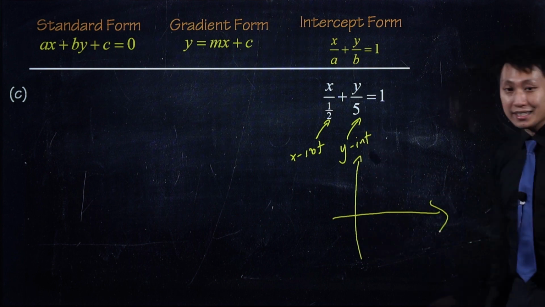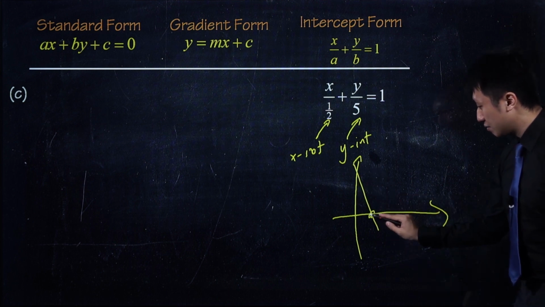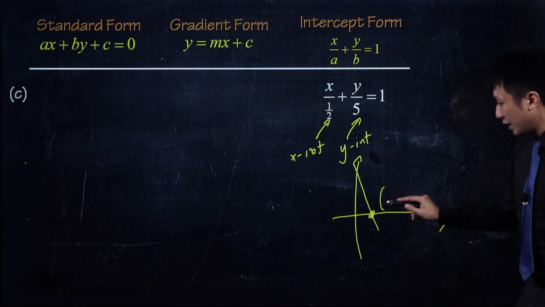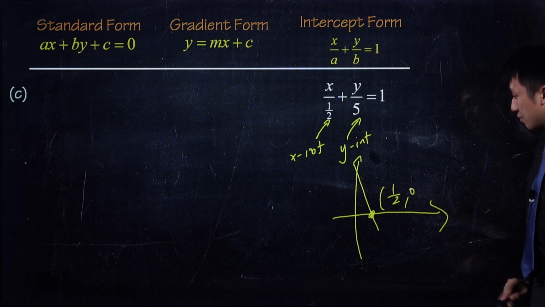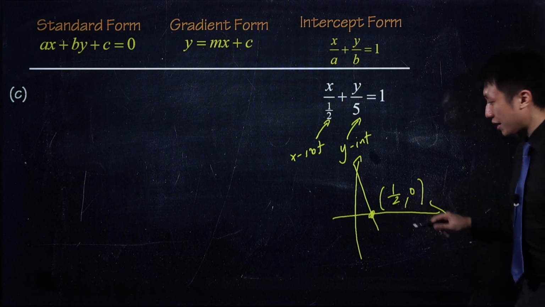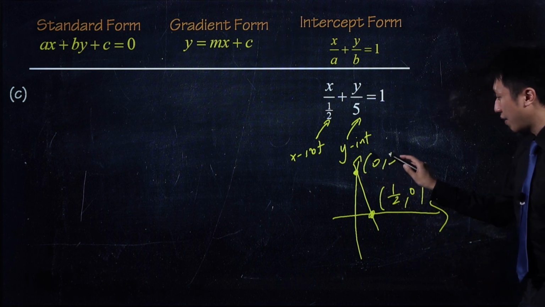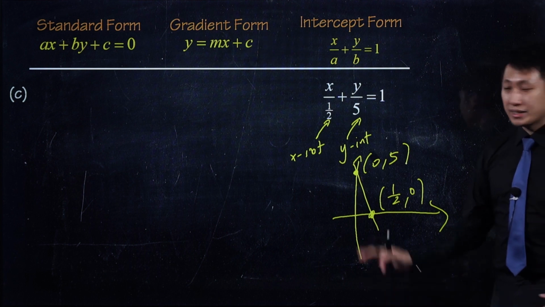So I roughly sketch for you. Half is here, 5 is here. So this point here, can you tell me what the point is? It's 1/2 and 0, y equals 0, right? How about this point here? It's 0 and 5.